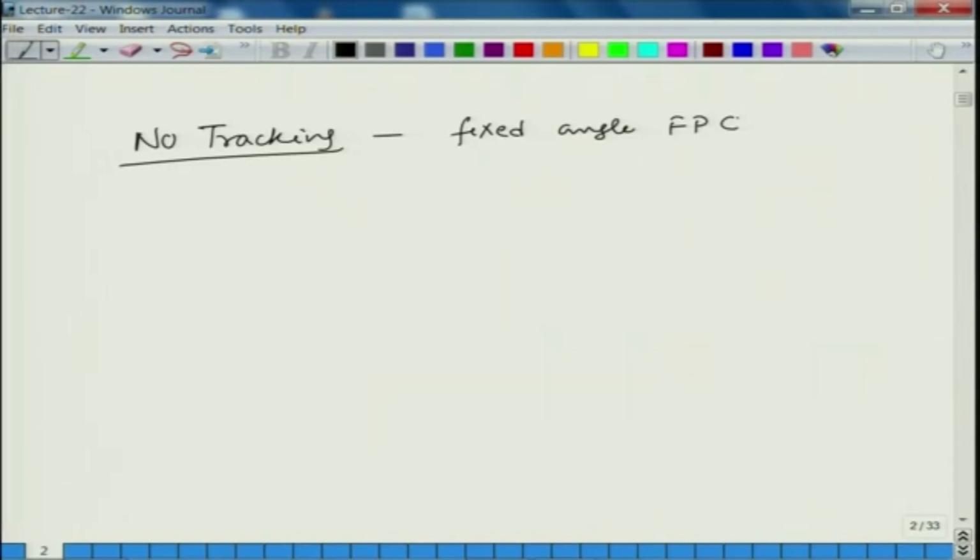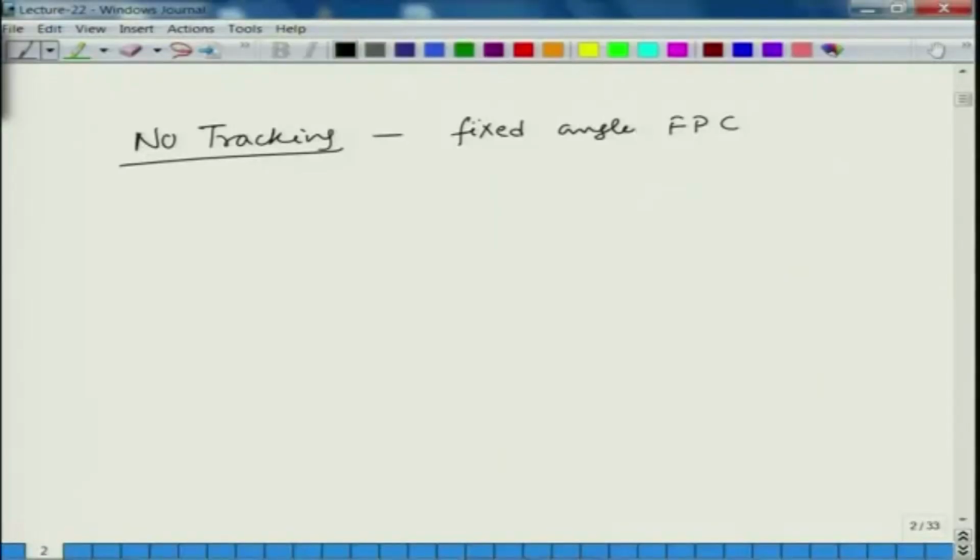Wherever you place it, it takes the solar radiation as it is available, so it is not trying to optimize it. That is one option, and the other option is full tracking, which is needed for high concentration ratios.